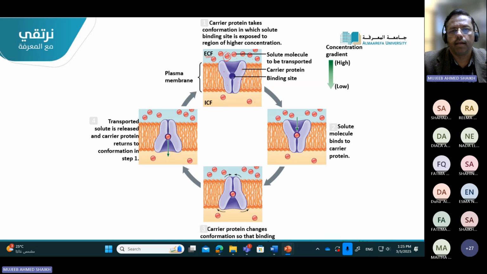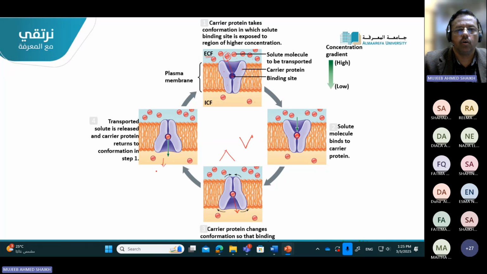If they are separated by a semi-permeable membrane, with the help of the ion channels, these ions will bind to this ion channel. Because of the binding, it will change its shape. Previously, the shape is like this. Now, because of the binding, it will change the shape to the opposite, like this. So it will open inside and close outside.